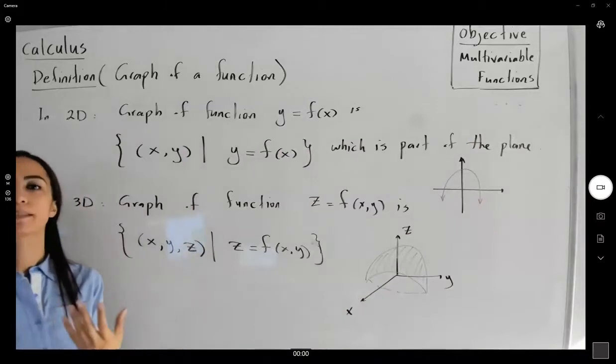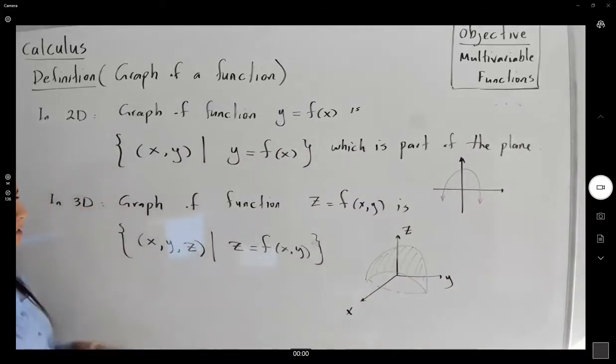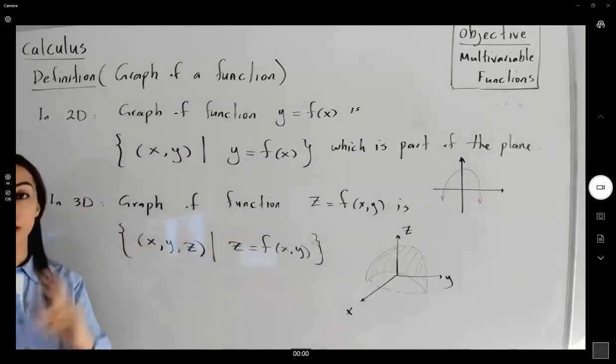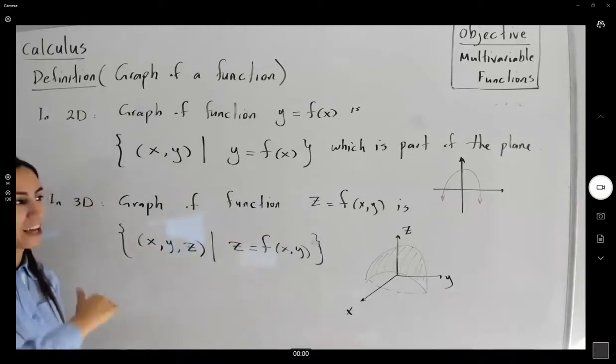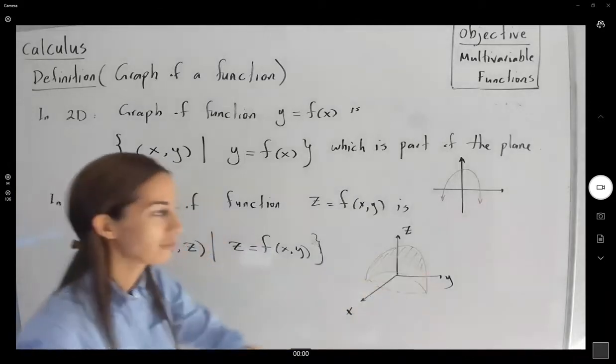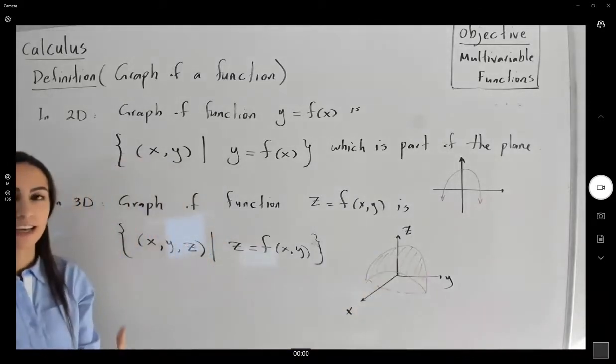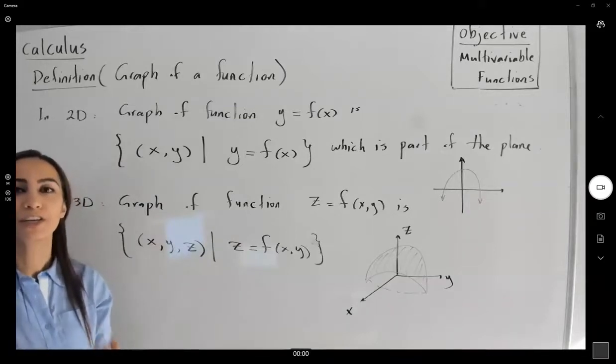One of the famous methods of analyzing the graph of a function in two free variables is to slice this graph, slice this object, and analyze it using level curves.